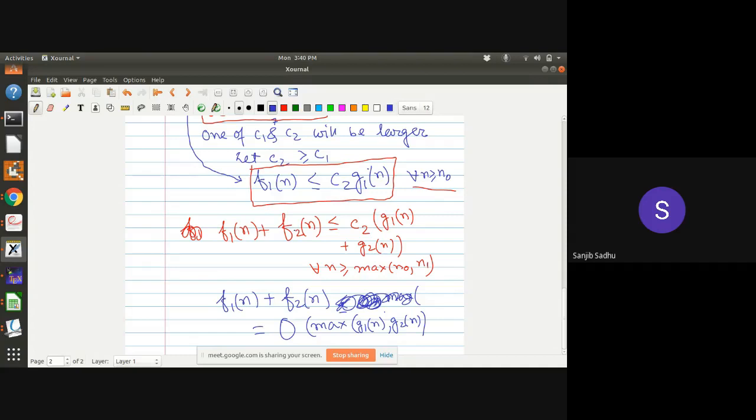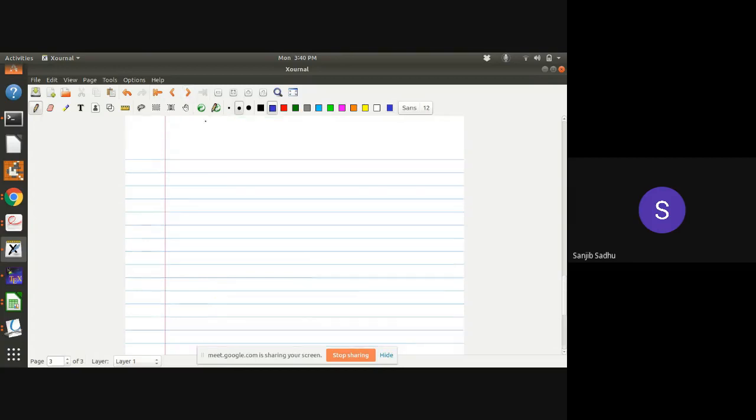Now why are we reading this, why is this important? Suppose you have a lengthy code, and you have written a main function. There are some statements, say s1, s2, s3, up to s20. Suppose you know the time complexity of one is big O of 1.